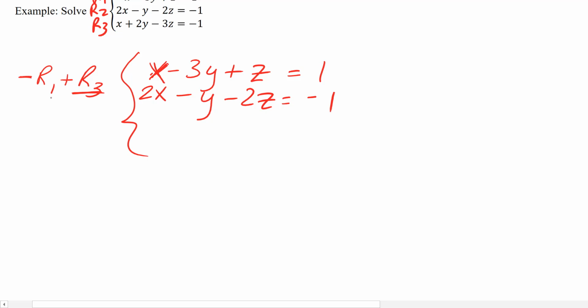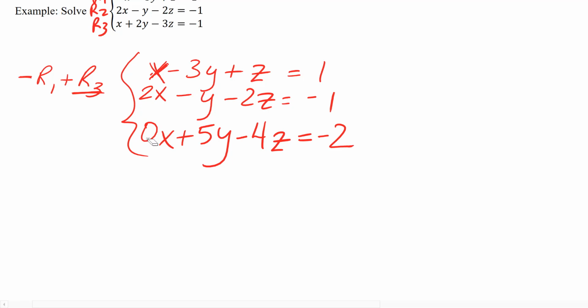So negative x plus x is going to be 0x. The opposite of negative 3y, which is positive 3y, plus 2y is positive 5y. Negative z minus 3z is negative 4z, and then negative 1 plus negative 1 is negative 2. So that's my new third equation.